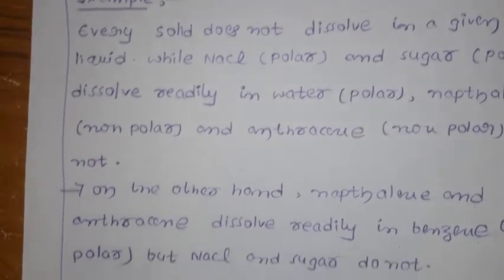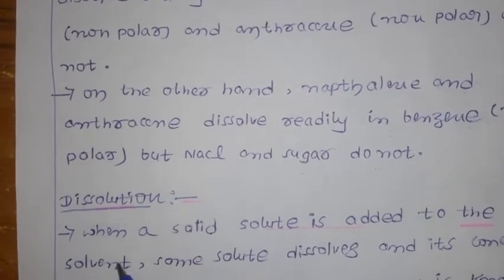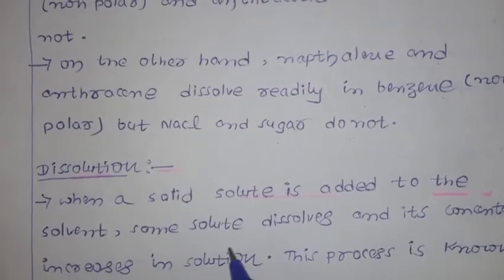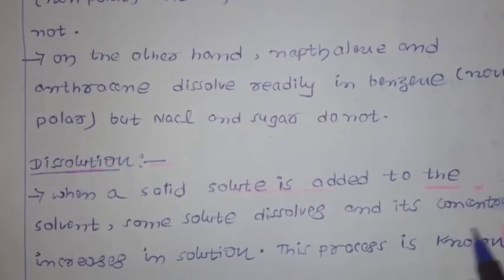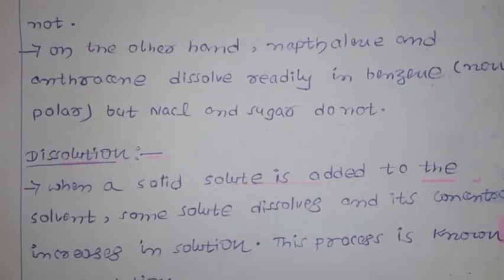So this is the nature of the solvent. Next we have one definition, dissolution. What is the meaning of dissolution? When a solid solute is added to the solvent, some solute dissolves and its concentration in solution increases. This process is known as dissolution.